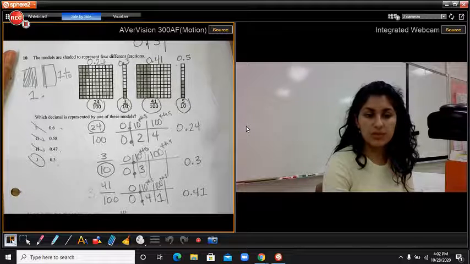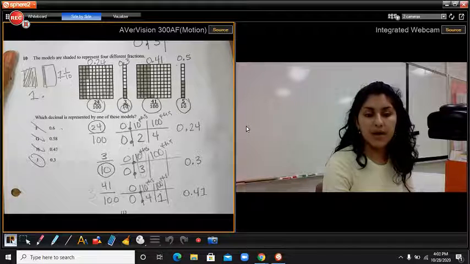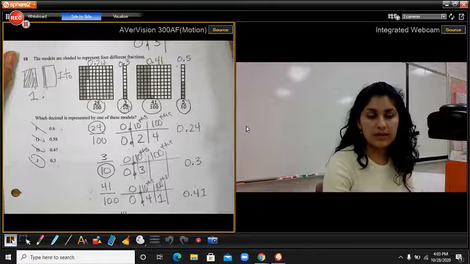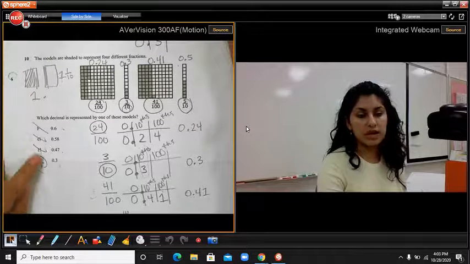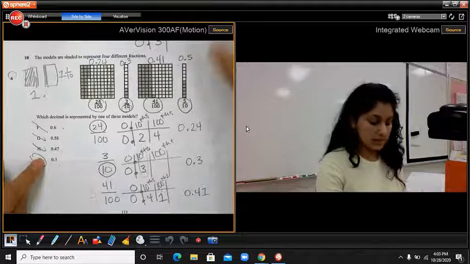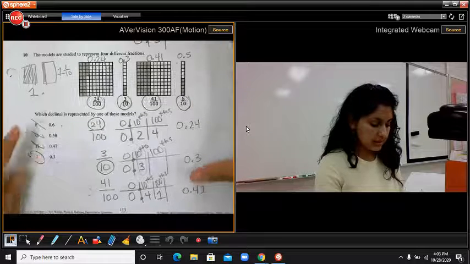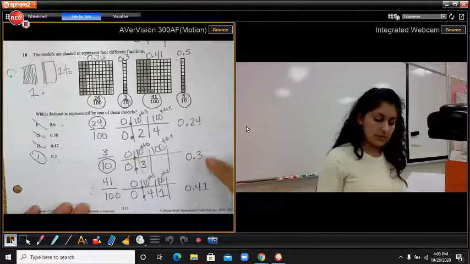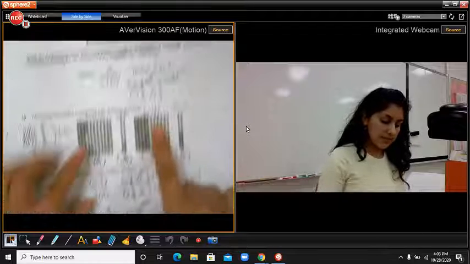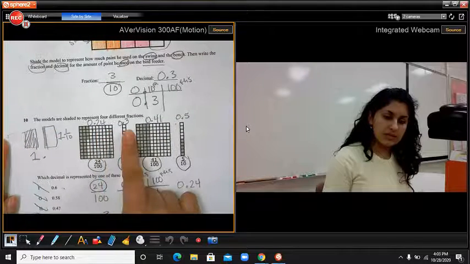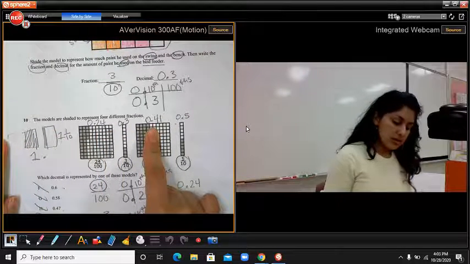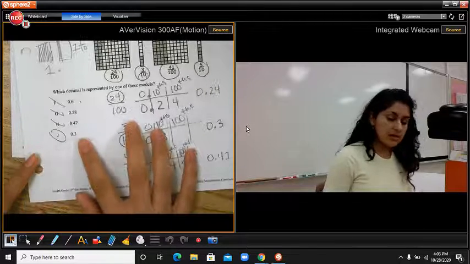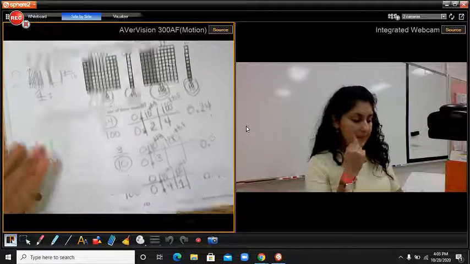Which decimal is represented by one of the models? So we found out that it was only J, because the other ones were not here. These were the decimals for each of them: 24 hundredths, 3 tenths, 41 hundredths, and 5 tenths. The only one that was there was 3 tenths.